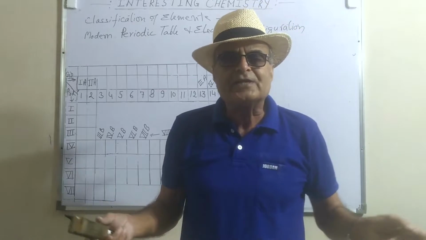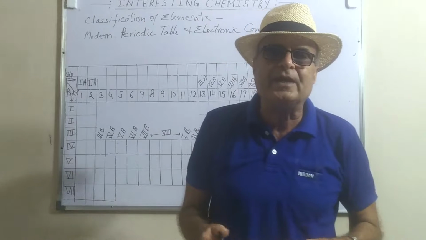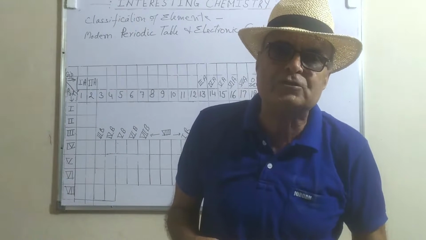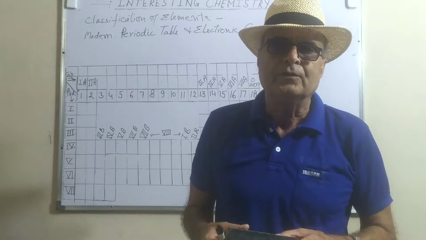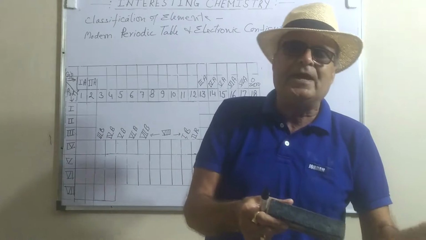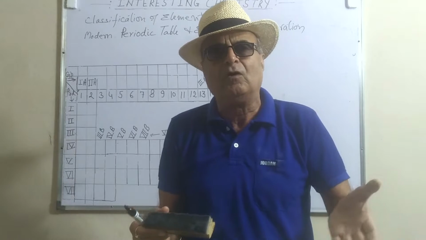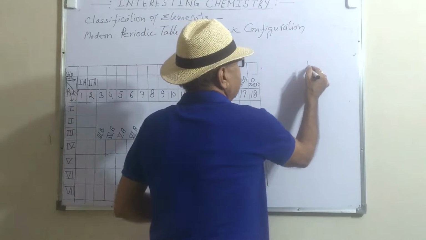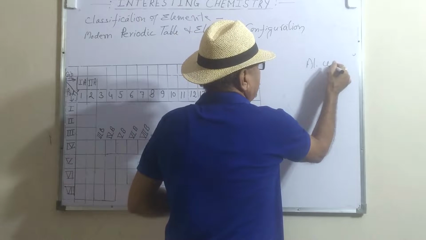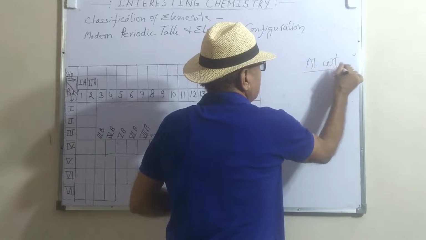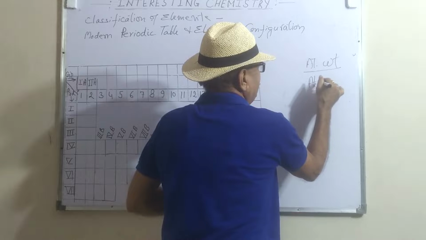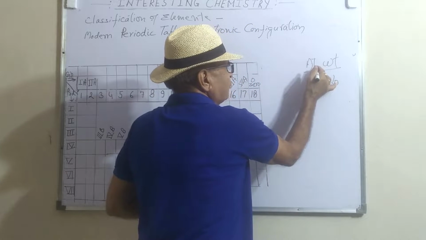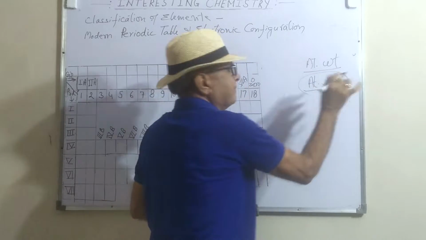So the scientists proposed a new law of classification of elements, called the modern law. It is the same as the Mendeleev law, with only one word changed. The Mendeleev law used the atomic weight, and the modern law uses atomic number. So the atomic weight was replaced by atomic number.